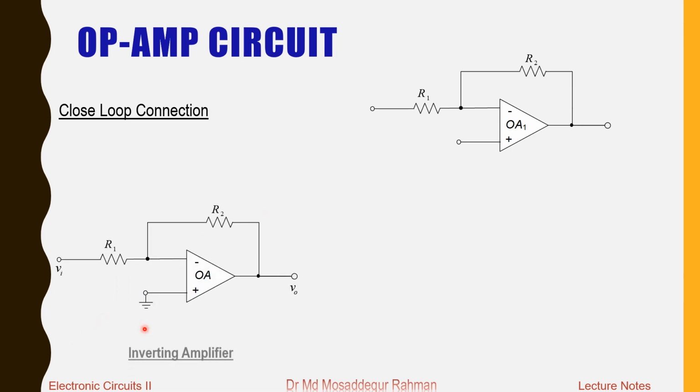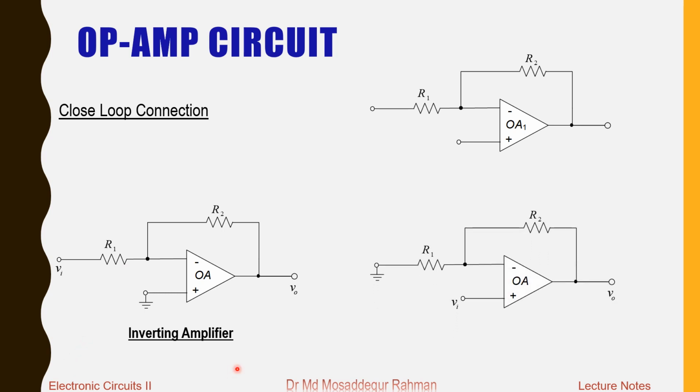In closed loop connection, again we can have two different configurations. Since you see that we have two terminals here dangling, we can apply input to either this terminal, or we can apply input to this terminal. If you apply input to this terminal here, then you ground this one, and the input is applied to the inverting input terminal of the op-amp through R1, so it's called the inverting amplifier configuration.